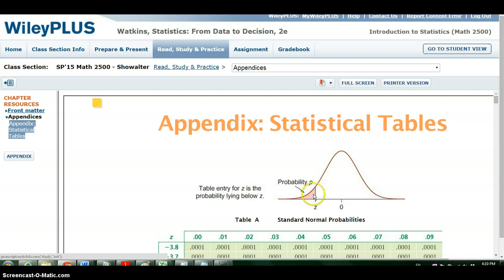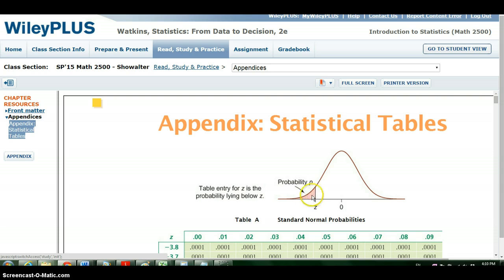Make sure that you're getting the exact same chart. See this shaded area right here is the probability that has a z-score at this level or lower. Other charts are set up differently where the reference is the median or something like that, which is fine, but just make sure you know what chart you're using.